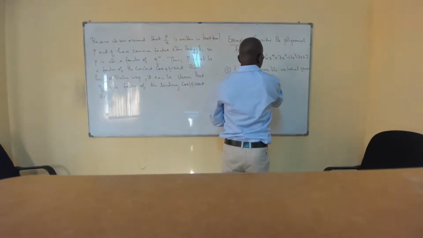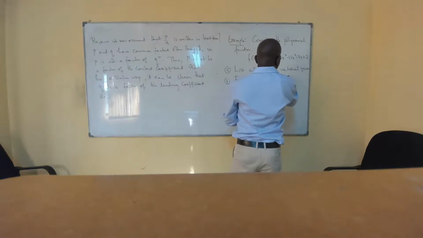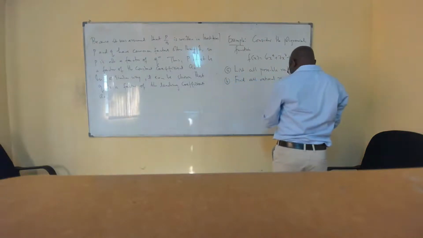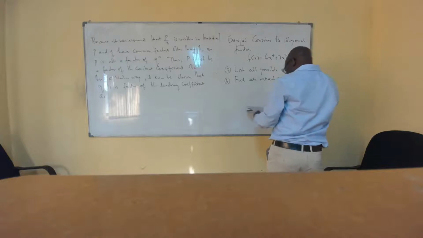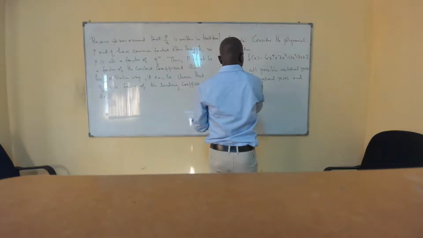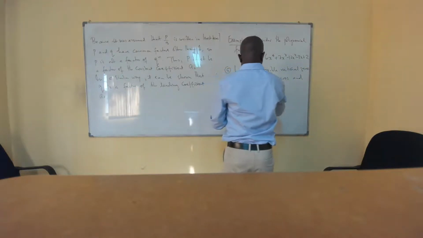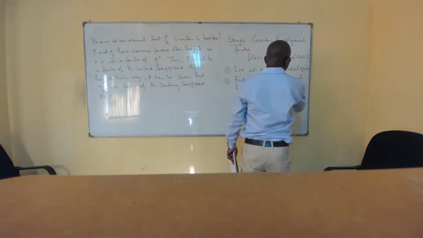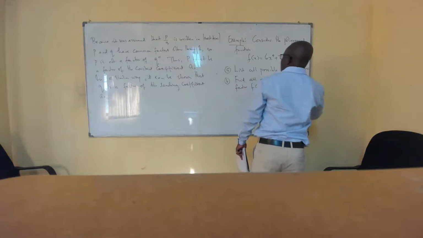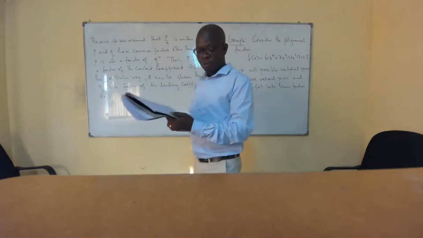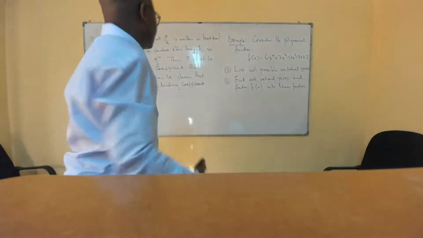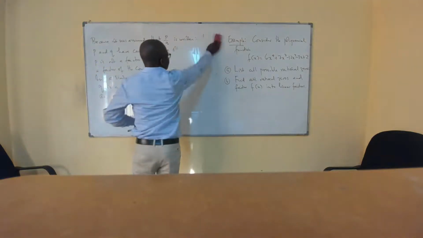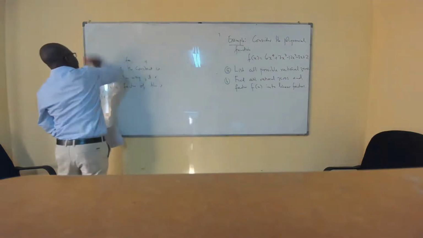B, find all rational zeros and factor the given polynomial into linear factors. So let's do it together and see how it works.